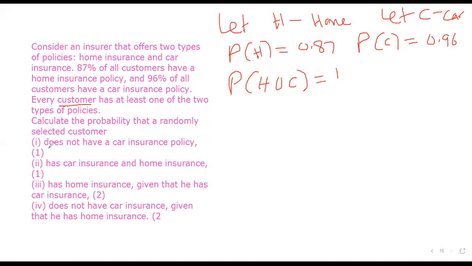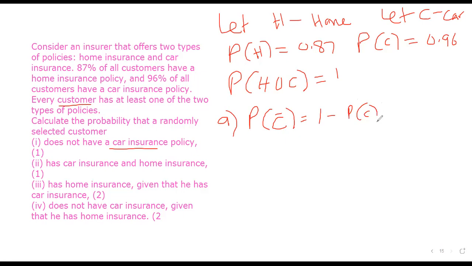The first question, what is the probability that a customer does not have a car insurance? What are they asking for? The complement of C. Good. Does not have car insurance. So the complement of C. How do you find the complement of C? It's 1 minus itself. 1 minus C itself.